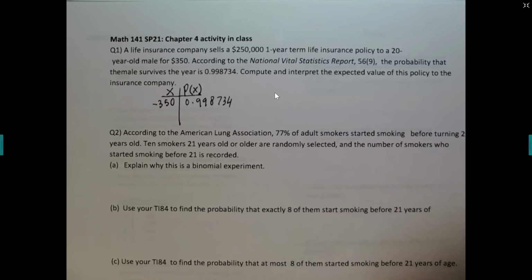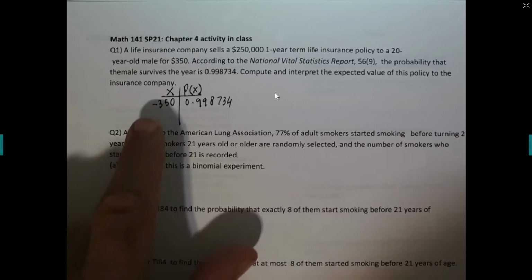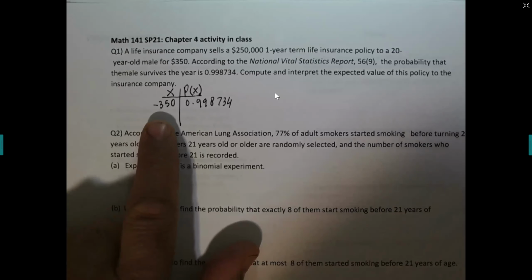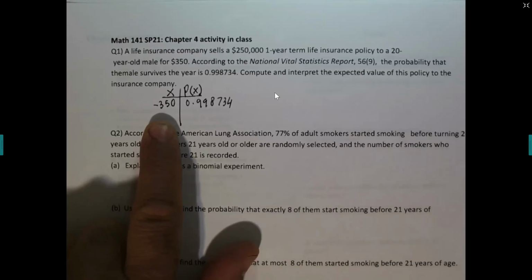And now, if you end up getting the money, that means the person did not make it to the end of the year. How much money will the family get? Not the person gets, it's the family. It's 250,000, but how much would the gain be?